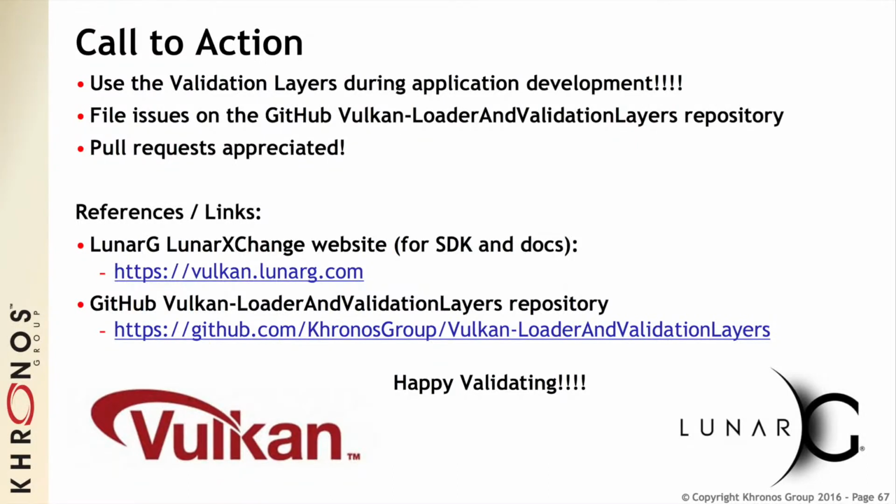If you try to use a queue family without making sure that the properties are compatible with the types of memory that your application needs, the validation layers will give you an error for that. These things come up all the time, so we try to make sure those areas are covered.